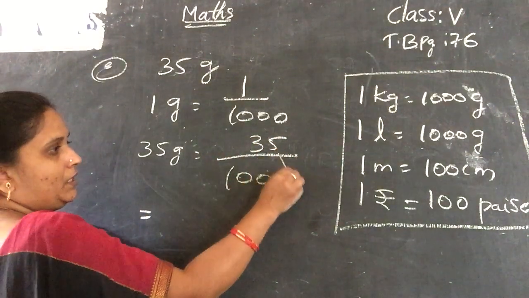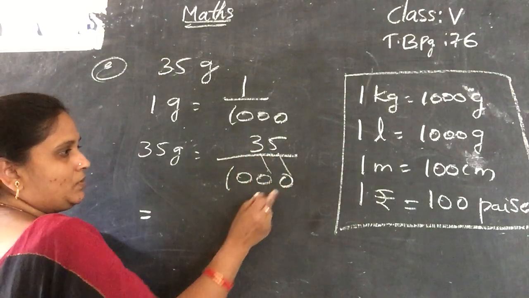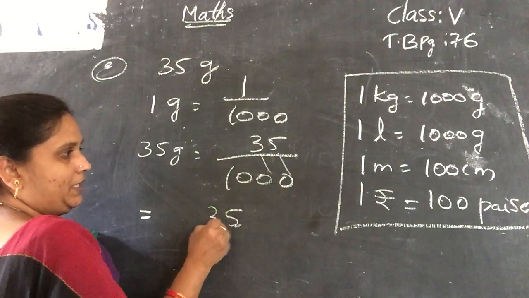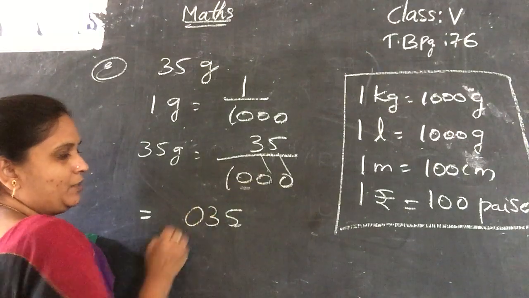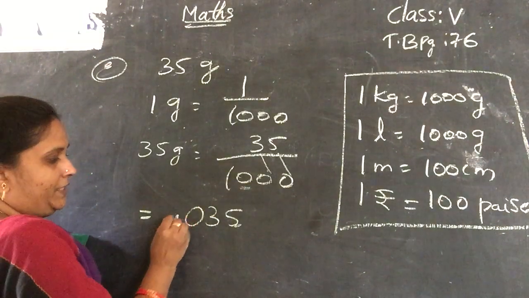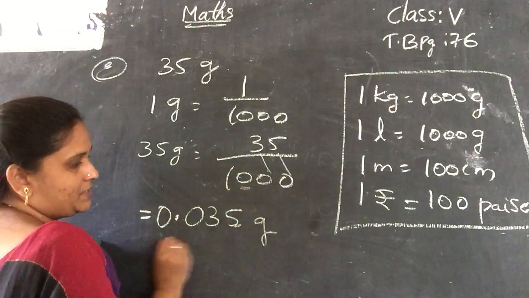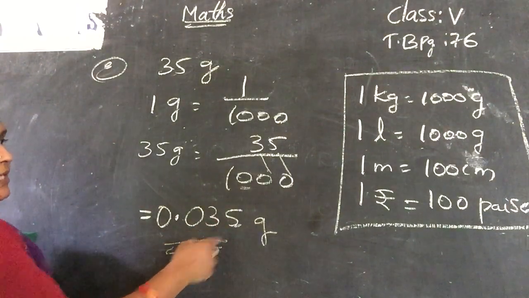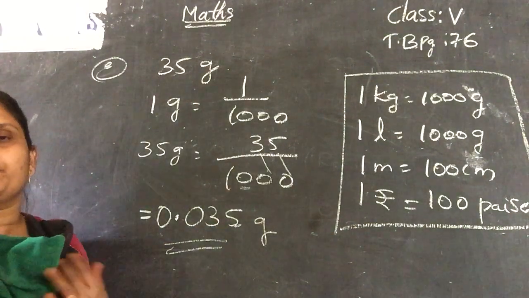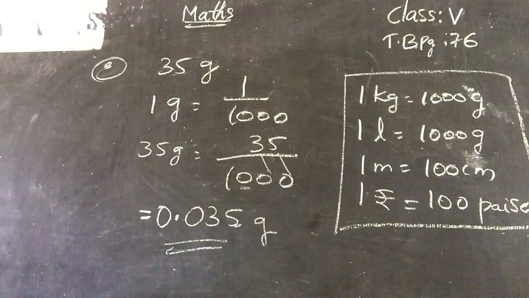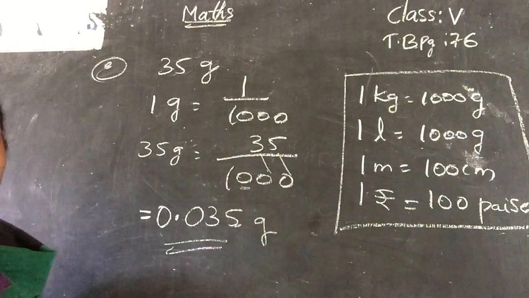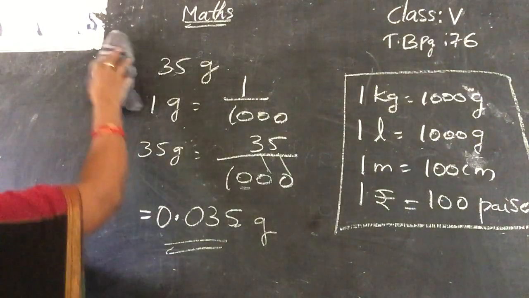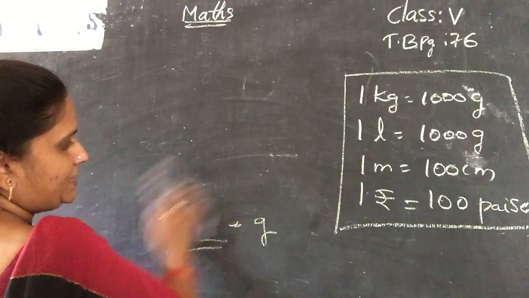Here, last 2 digits: 5, 3, and 0 is left over, so write 0. So it is 0.035. Okay, the remaining F you have to do in this manner only. Next, G.